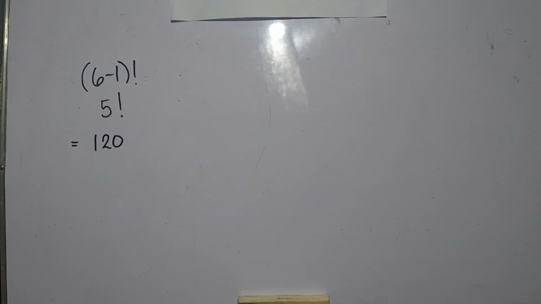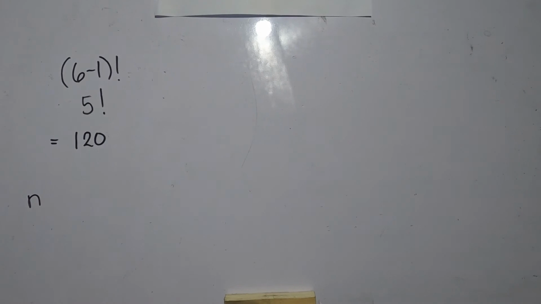Of these 120 ways, the number of ways for 2 individuals seated beside each other and the number of ways for these 2 not seated beside each other are included in this total number of ways. By rule of complementary events, the number of ways of sitting beside each other plus the number of ways of not sitting beside each other should be equal to the total number of ways.